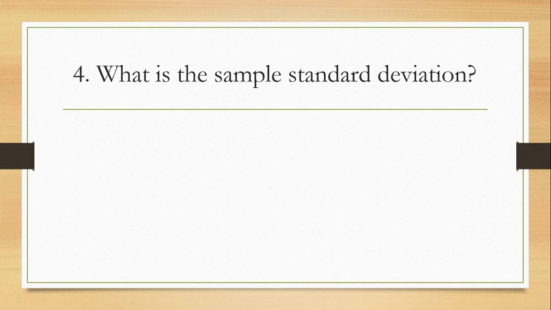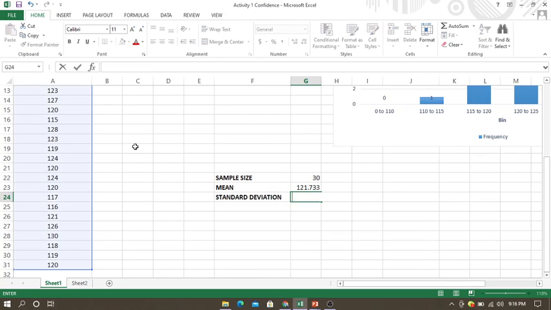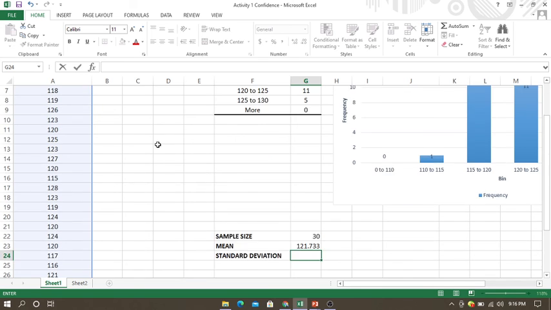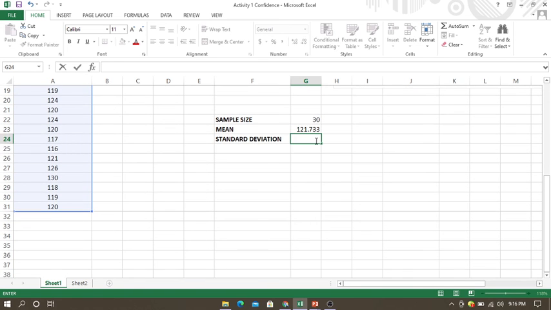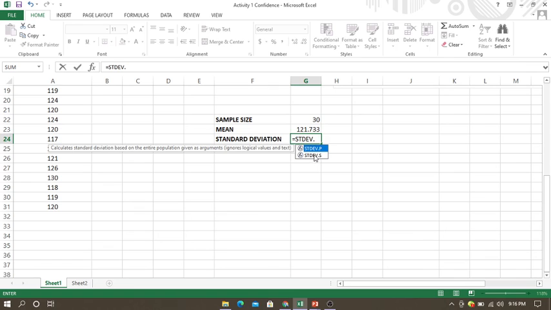What is the sample standard deviation? So let's go back to Microsoft Excel. Let's use this formula, which is STDEV. And by the way, there are two types of standard deviation, P stands for population while S is sample.